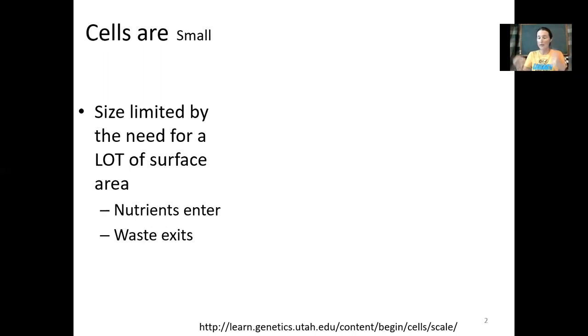So nutrients, other types of components, ions into the cell, and they need to have a lot of entry points on the outside. And of course, they need to be able to get rid of a lot of waste pretty efficiently, right? So the more doors you have to enter the store, the more efficiently you can get into that store, right?